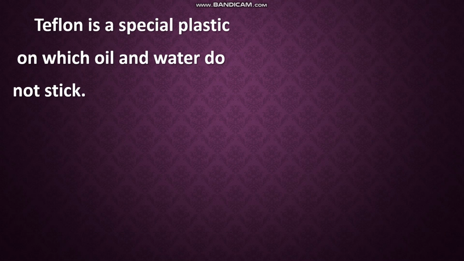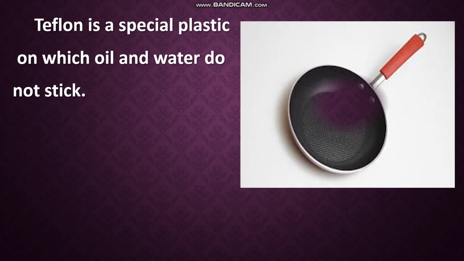Next, we use non-stick cookware in our houses. Oil or water does not stick because of a coating of a material called Teflon. This Teflon is a kind of plastic.